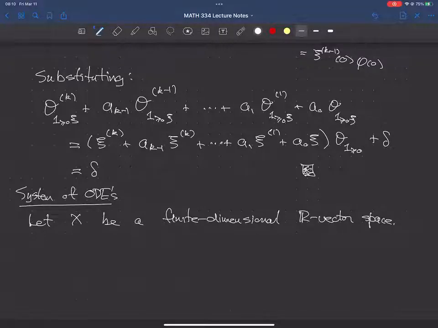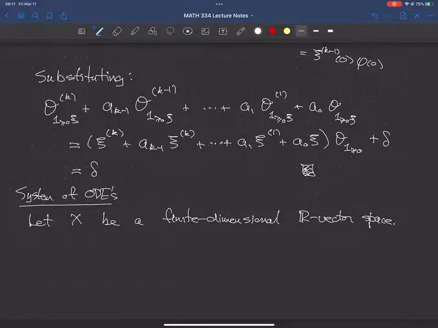So Rn, for example, but I find it's easier to not work with Rn. It's easier, certainly less confusing, to work a little bit more abstractly with a general vector space than to work with the concreteness of Rn, because Rn has all kinds of structure that is only distracting when you're talking about systems of differential equations.